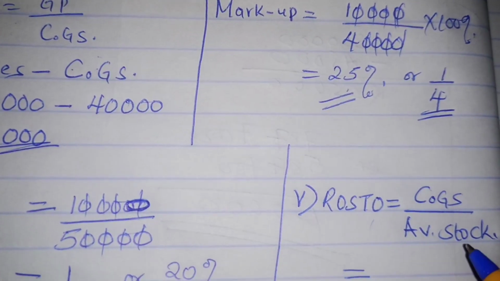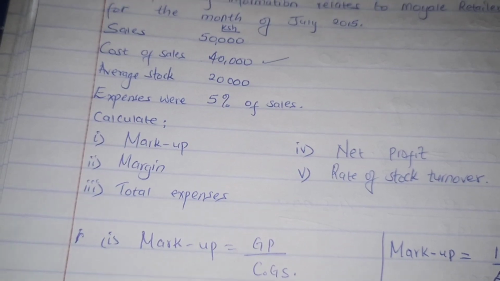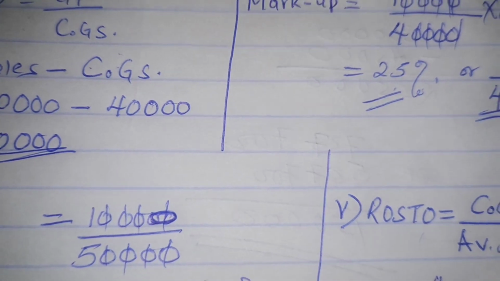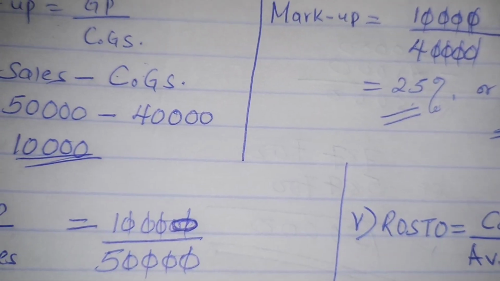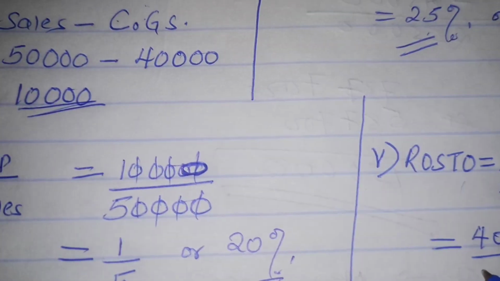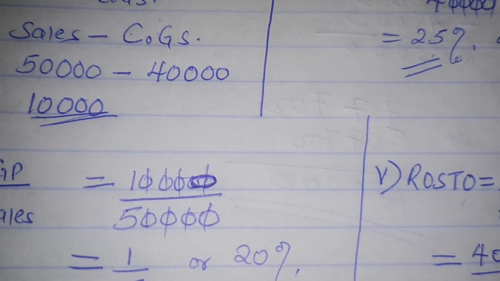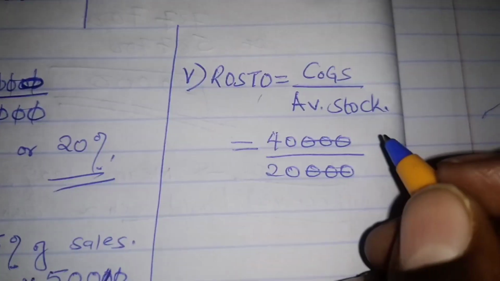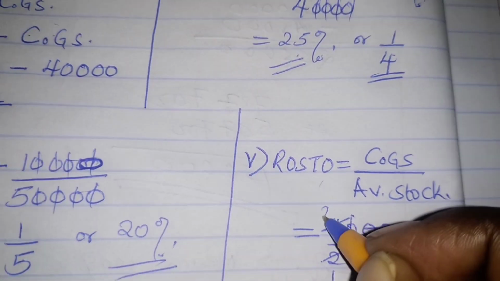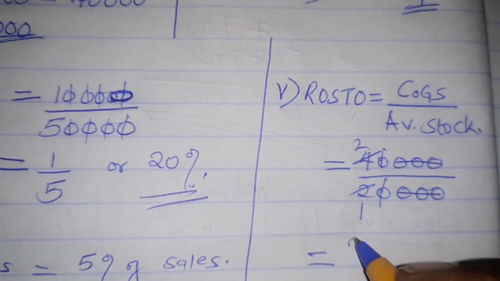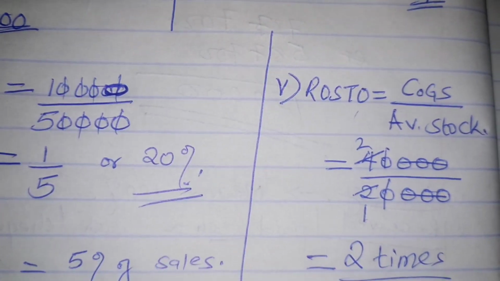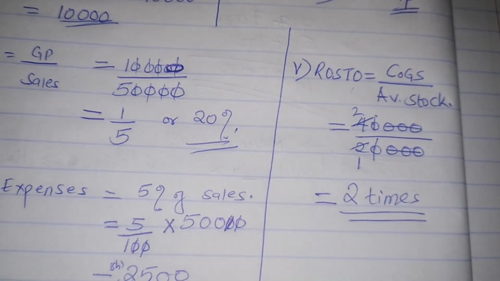And our cost of goods sold from the question is 40,000. Our cost of sales is 40,000. And our average stock from the question is 20,000. So therefore, 40,000 divided by 20,000 gives us 2, and therefore our rate of stock turnover is 2 times. The rate at which our stock is moving is 2 times.